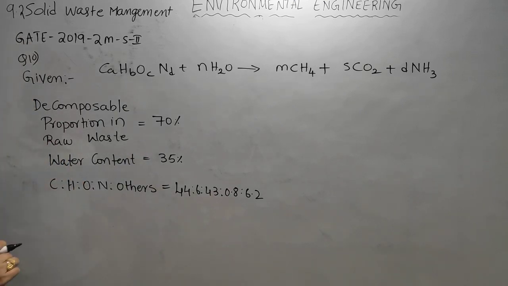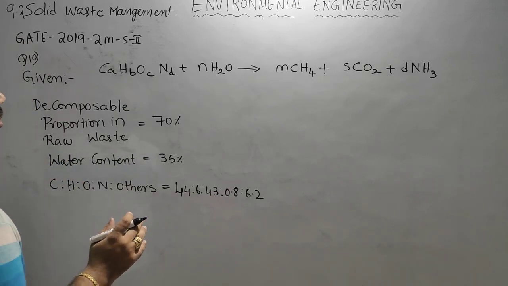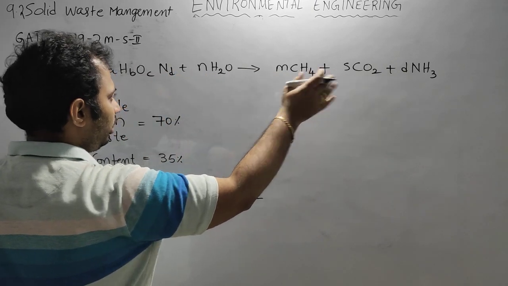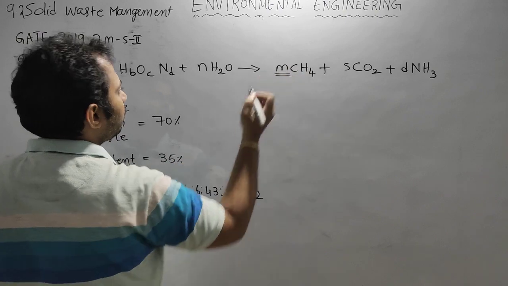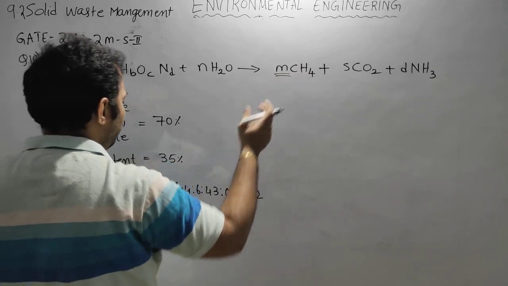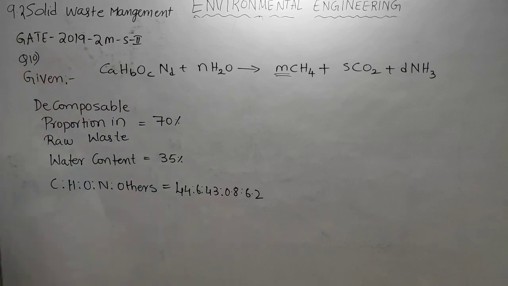Okay, so first of all, to find this out we need to determine this n, m, s and d. So importantly m is needed. The rest of the things are not needed because we need CH4 production only. Okay, we need methane production.